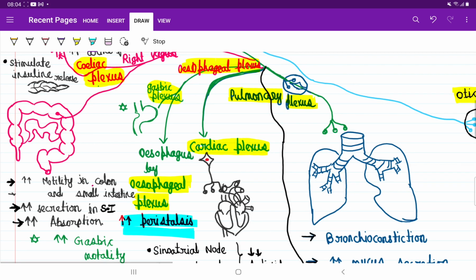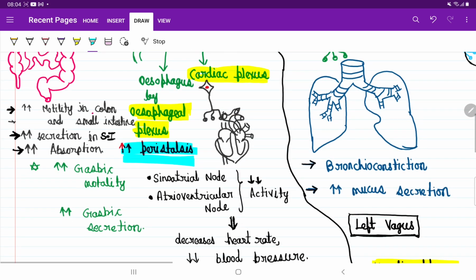And then they form the gastric plexus, which supplies the stomach, and there they increase gastric motility. More and more food will mix with the gastric juice, and they increase gastric juice secretion also, so more digestion will be there.